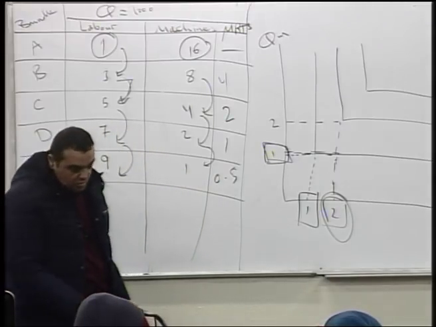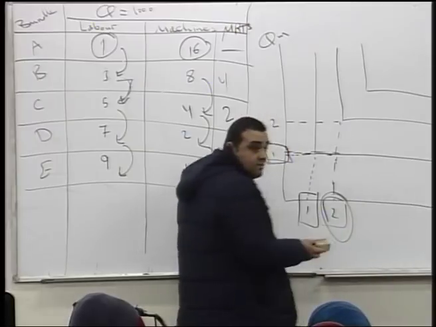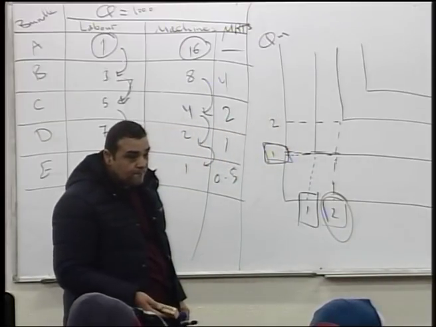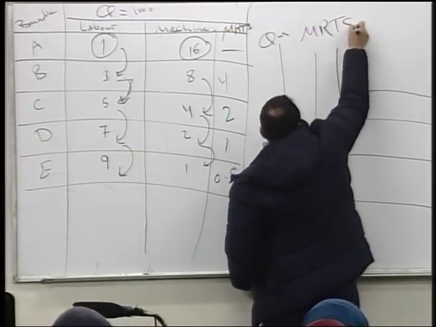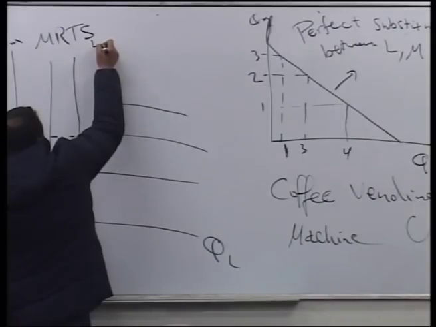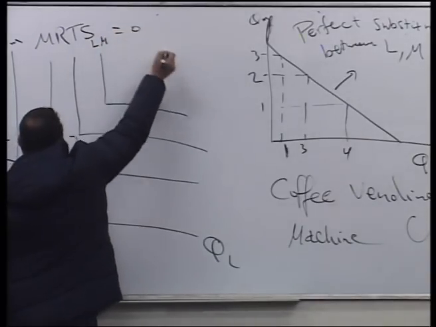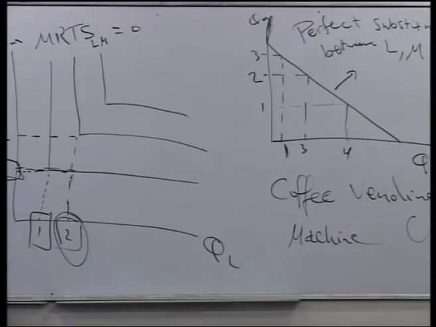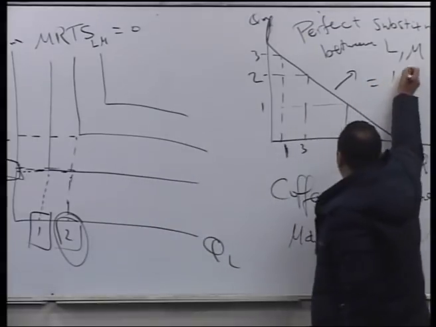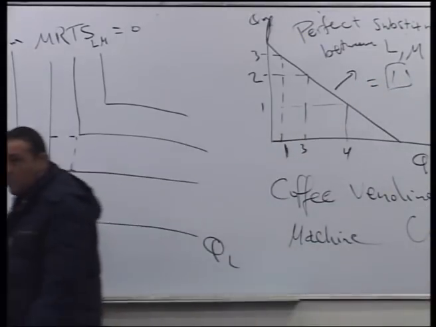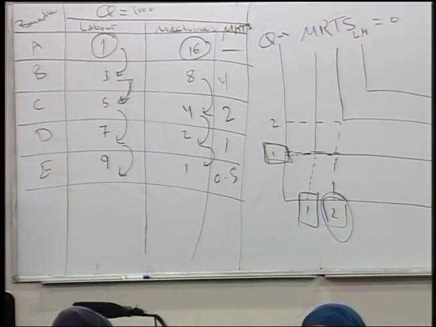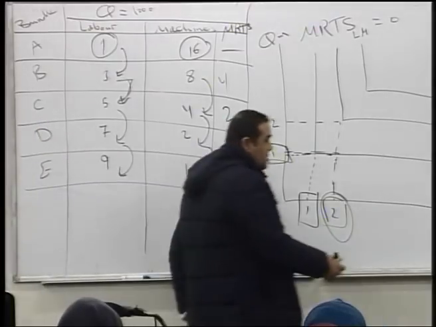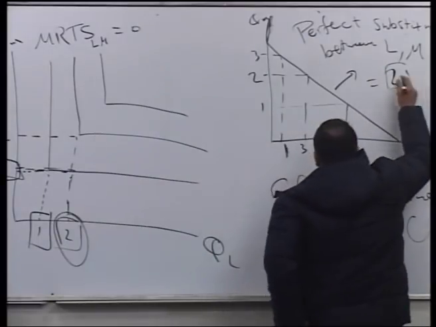Let's go to something else. In this case, the marginal rate of technical substitution between labor and machines equals 0, or fixed. Sometimes it could be 2 or 3, but it's fixed.